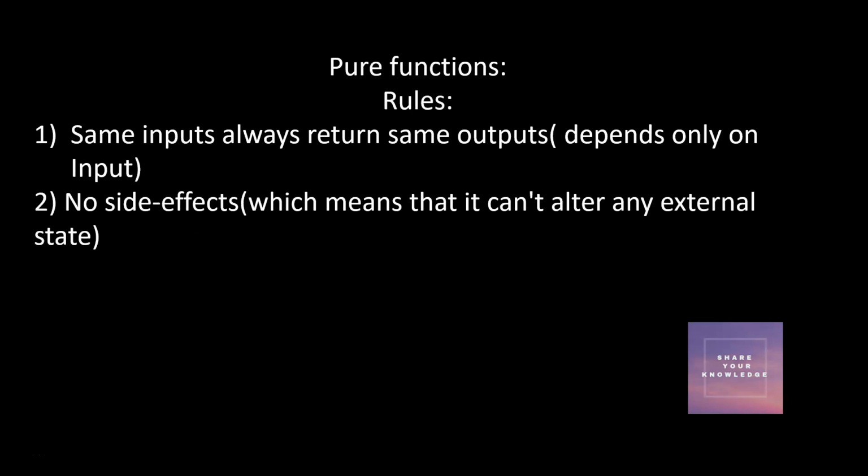The other rule is that it should not have side effects. Because of executing a pure function, nothing should change outside. It should not change the object which is passed into the pure function, because if you change a value inside the object, it will reflect outside.